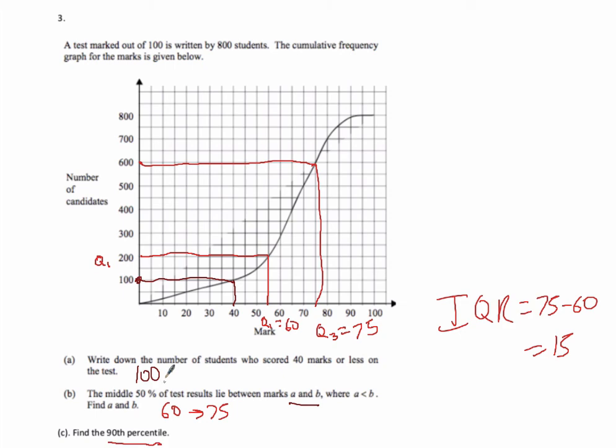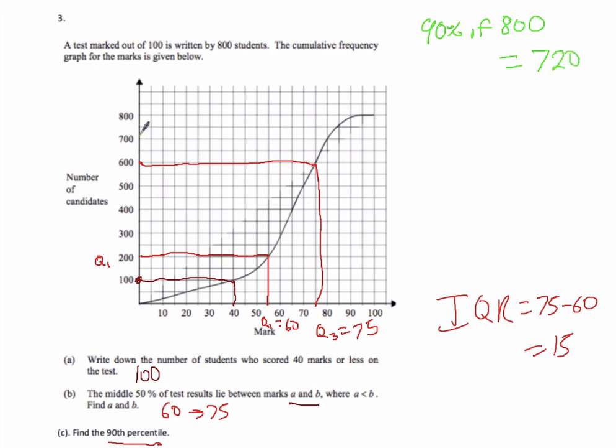Find the 90th percentile. That is the point at which 90% of scores are below that point. So 90% of scores are below the 90th percentile. So 90% of 800 participants in the test is 720.